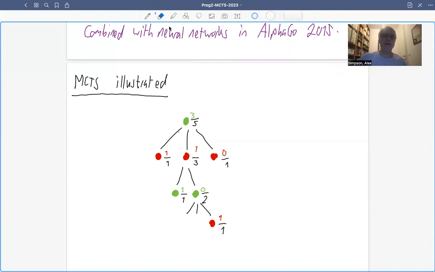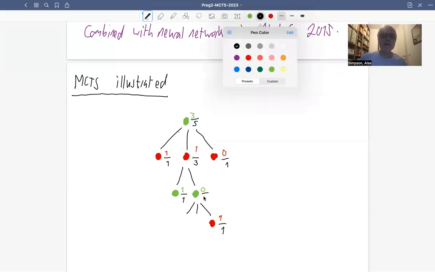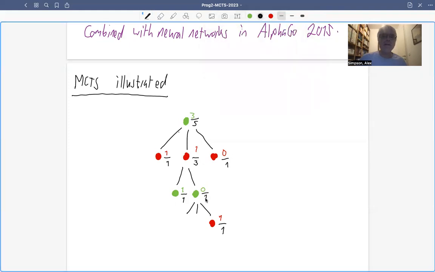That's a 2. Red has now won 2 out of 4 here. And green has won now 3 out of 6.